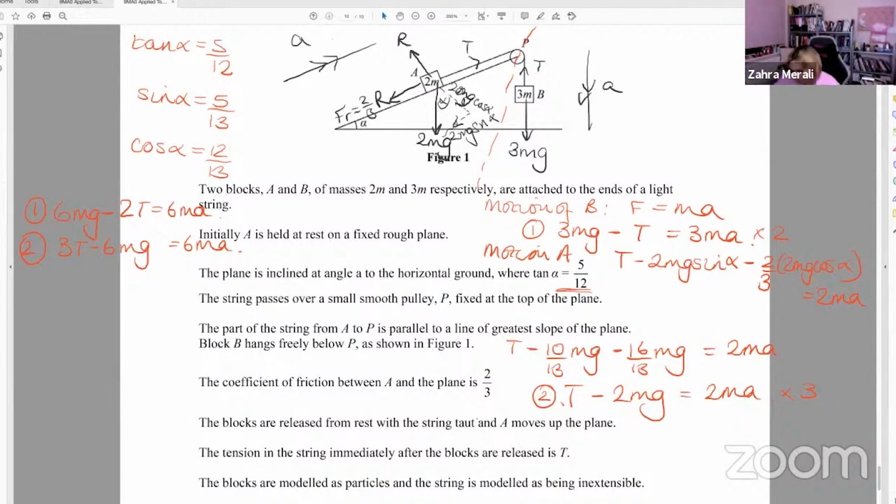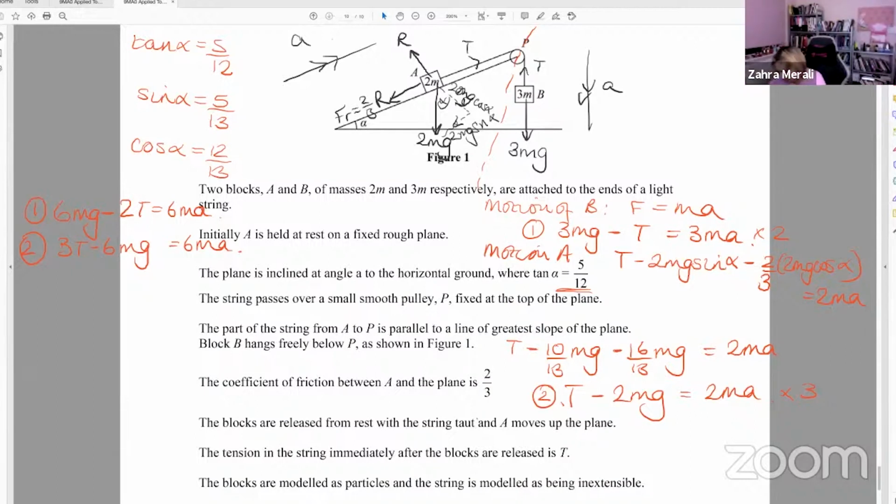T minus 2mg sine alpha minus 2/3, have I calculated that wrong? 2/3 times 2 times 12/13, so minus 16/13 mg equals 2ma.